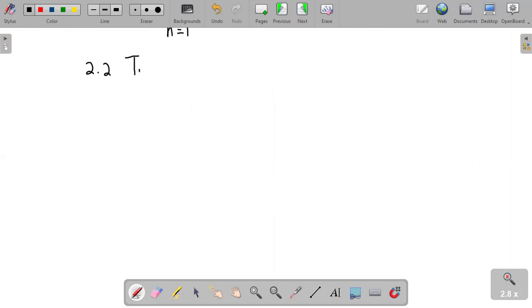Then T4 would be equal to, so we substitute 4.